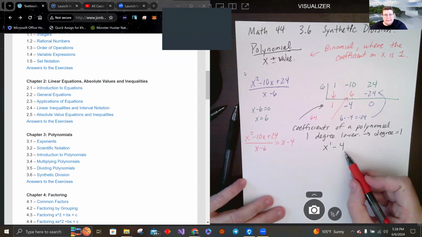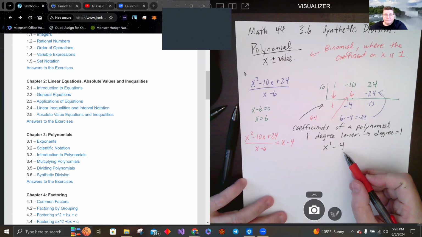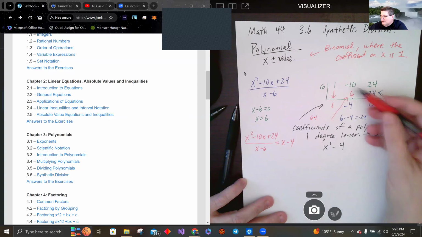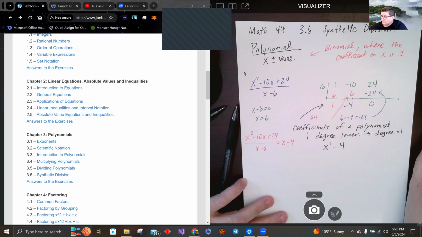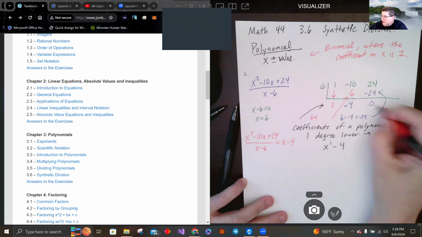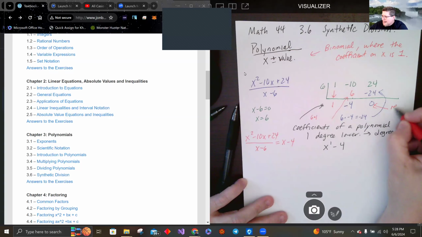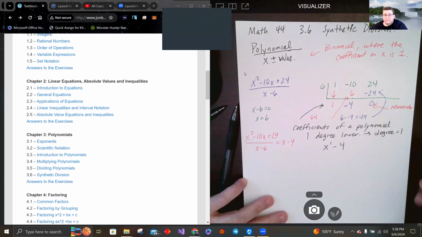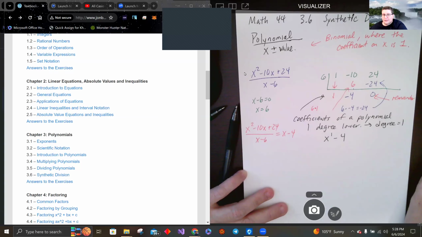And if you check what we did last time, that's what we got. Not too bad, right? Just bring it down, multiply, subtract, multiply, add. This should be a 0. If not, this is the remainder, and it will go over the old term, as we'll see in the next one.